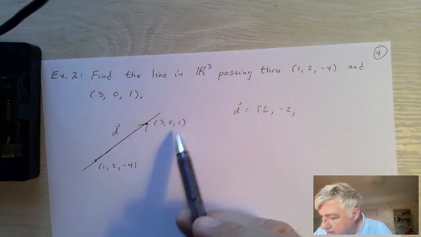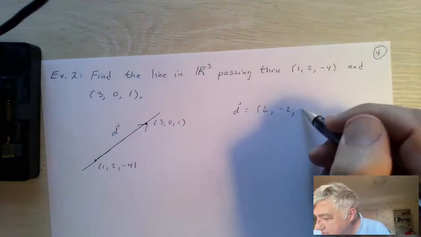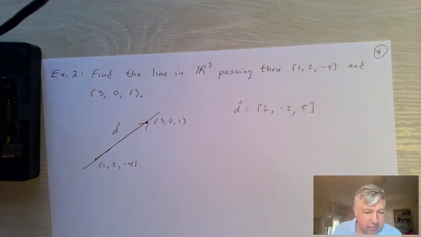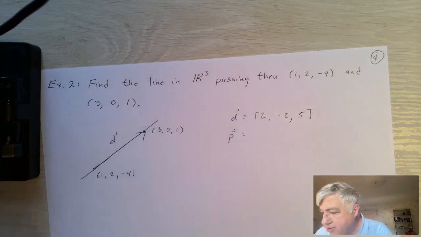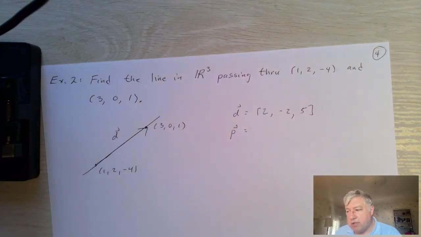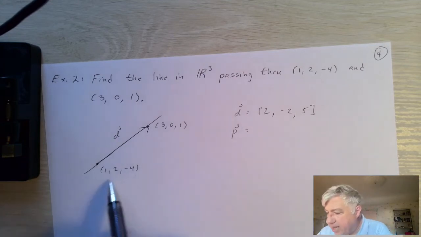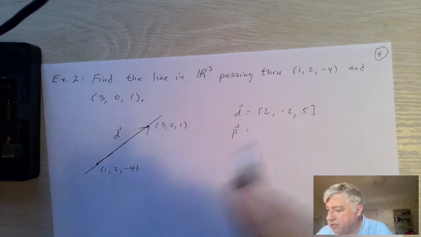And 1 minus -4, that's 1 plus 4, that's 5. Okay. All right, now for P here, P is a vector, but it's also just going to be the coordinates of one of the points. So we can pick any point, it will work. We're going to pick (1, 2, -4).